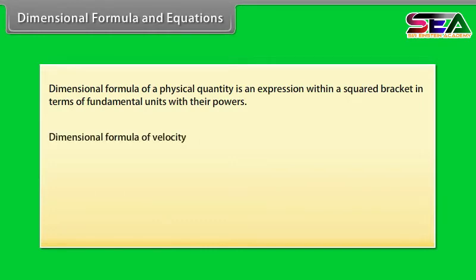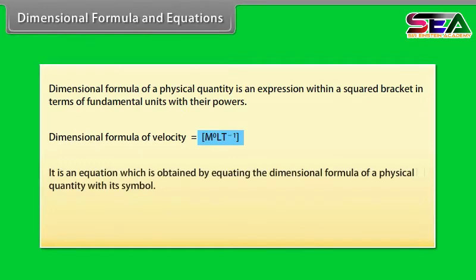Dimensional formula of velocity is [M^0 L T^-1]. A dimensional equation is obtained by equating the dimensional formula of a physical quantity with its symbol. Let us take an example. Dimensional equation of velocity is V equal to [M^0 L T^-1].